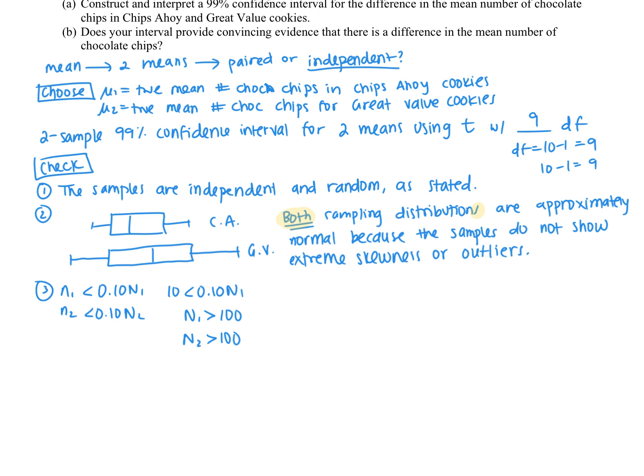And in this case, we're actually sampling cookies from bags, so we need this many bags. Again, I don't care about the inequality. If you just have an equal sign, that's fine, as long as in your sentence you tell me more than.